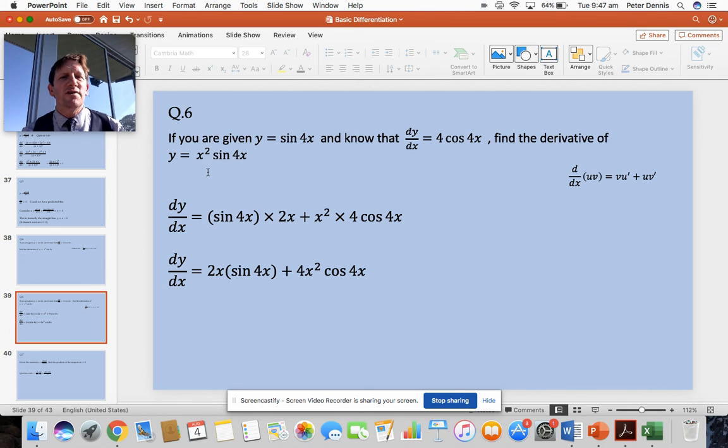This is one function of x times another function of x. And it happens with the logs and exponentials as well. Things like x log x, that is a product rule, x times log x. So you really need to work on this and make sure you get it right.